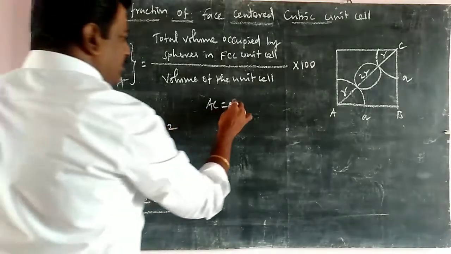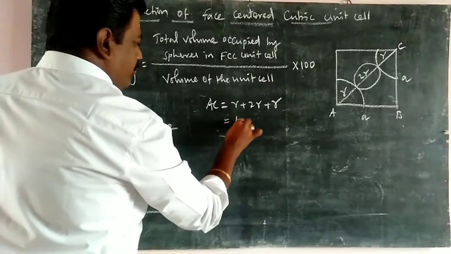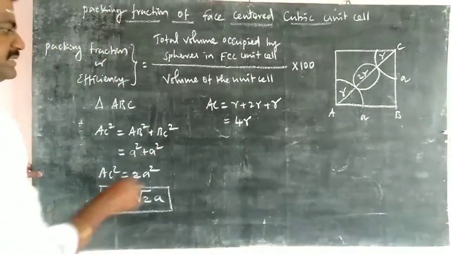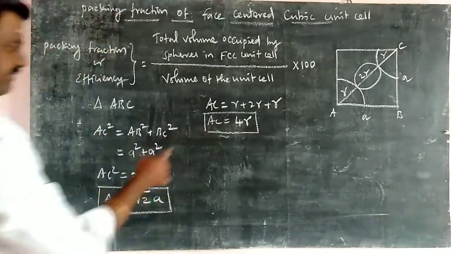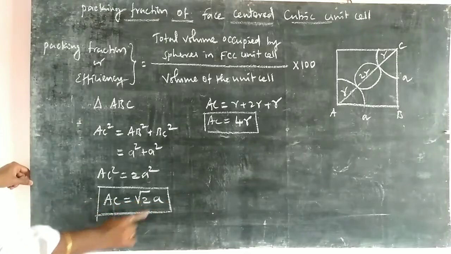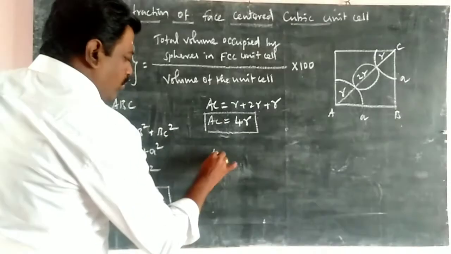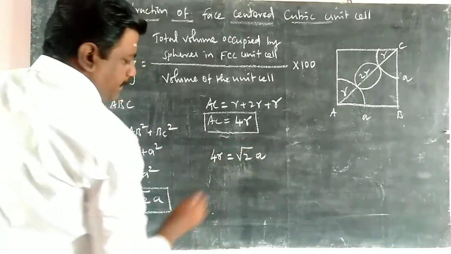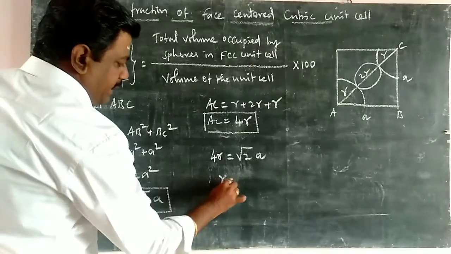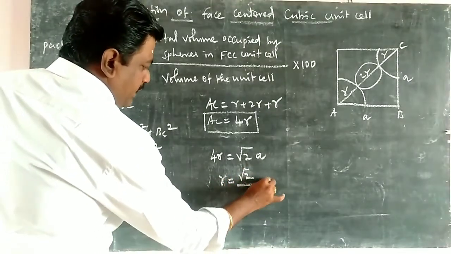So AC is equal to R plus 2R plus R, you will get the value 4R. This is AC. Already we calculated AC is equal to root 2 a. So both are equal, which means 4R is equal to root 2 a. Then R can be calculated as root 2 by 4 into a.